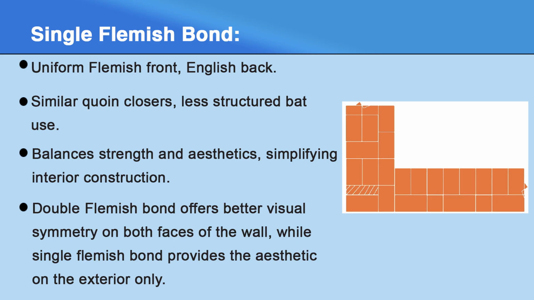The double Flemish bond offers better visual symmetry on both faces of the wall, while a single Flemish bond provides the aesthetic on the exterior only, often simplifying the construction and potentially reducing the cost.